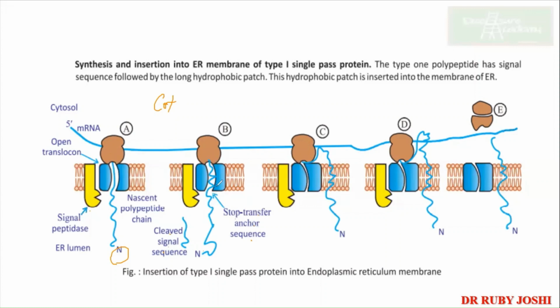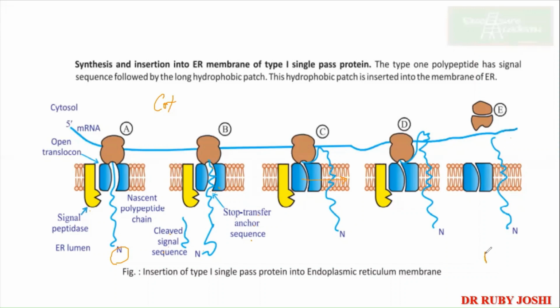So only that much of the alpha hydrophobic region will be synthesized. The rest of it is going to be a normal polypeptide chain exposed towards the cytoplasm. So the start and stop sequences come, and it pushes that region into the plasma membrane. The rest is synthesized and left in the cytosol.